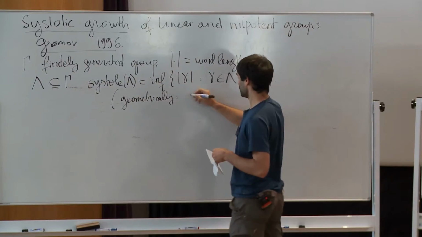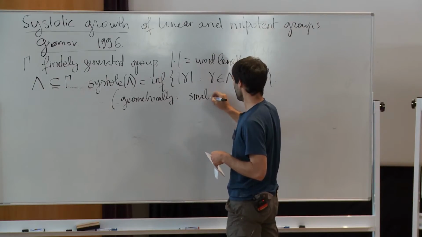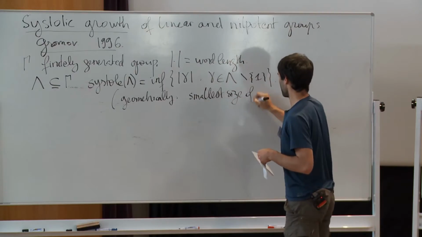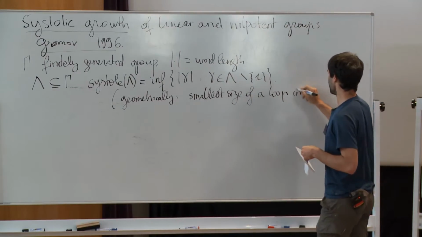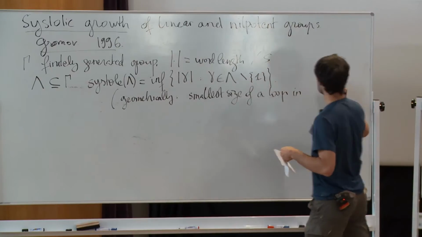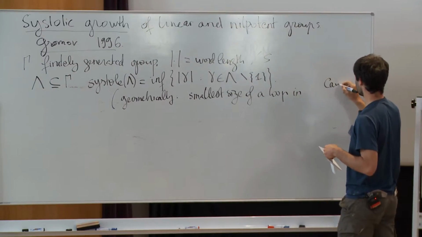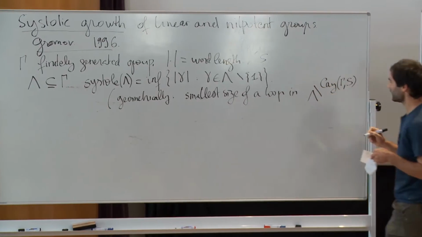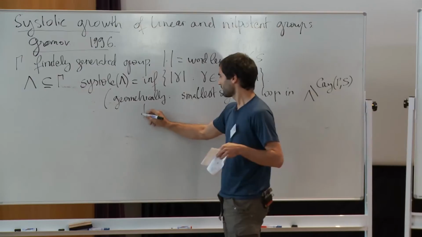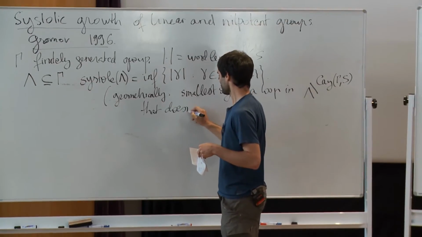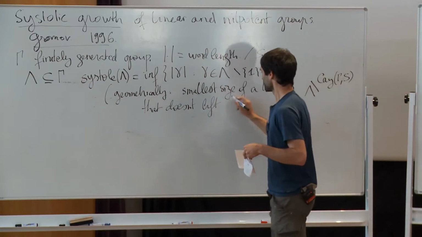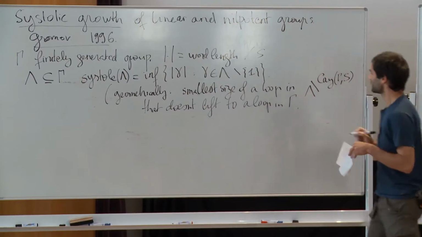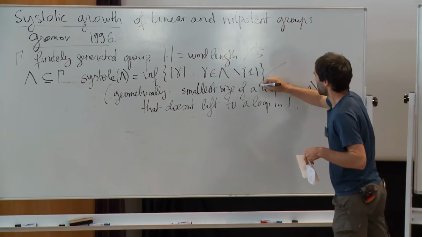It's the smallest size of a loop in the Cayley graph modulo lambda that does not lift to a loop in gamma, and I should say it's actually a based loop.